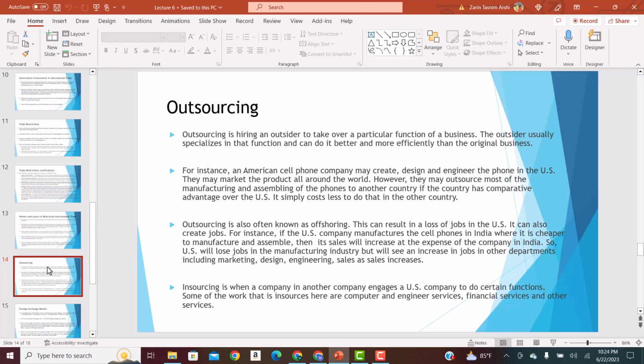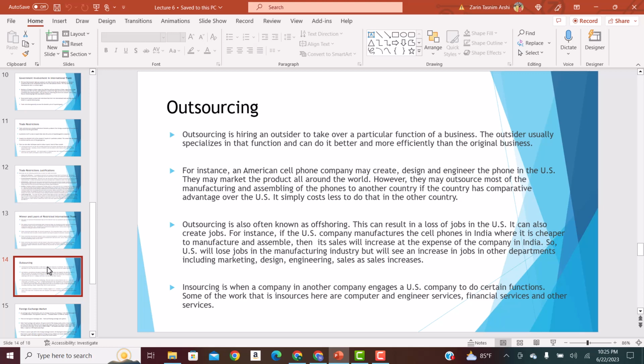Outsourcing, of course, can cause loss of jobs in the US because we are designating a particular function of the business to a different country, so people in that department are losing jobs. But at the same time, it can also help to create jobs. For instance, if the US company manufactures the cell phones in India where it is cheaper to manufacture and assemble, then they will be able to sell more cell phones in the US economy at lower prices.